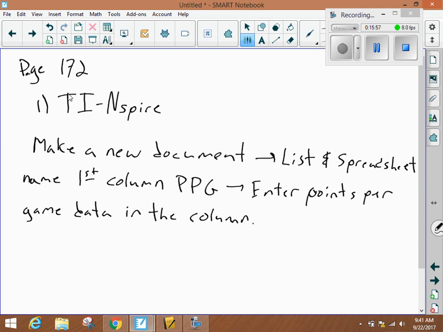We'll do the same thing with the second column, but we're going to name it wins. It makes sense then that our explanatory variable would be points per game and our response variable would be wins. We want to see if there's a correlation between points per game and number of wins.